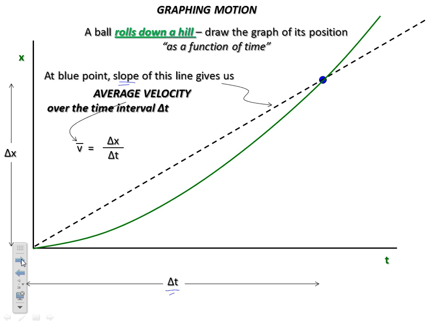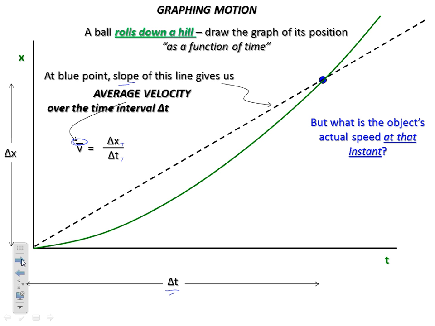Because we know that average velocity is total displacement over total time. So that slope gives us the ball's average velocity as it's rolled for a certain distance and taken a certain time. However, what if we want to know how fast it's actually going at that instant?